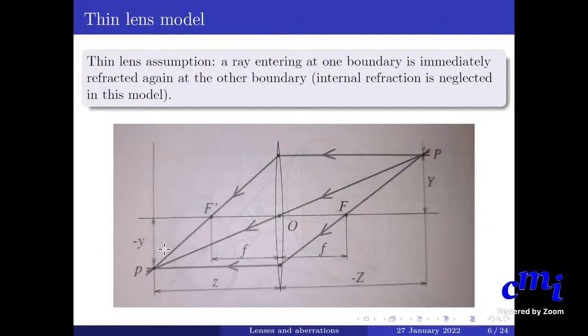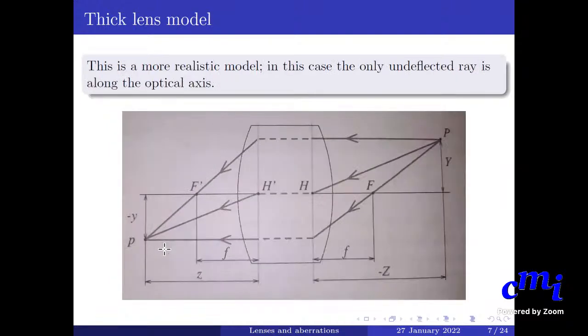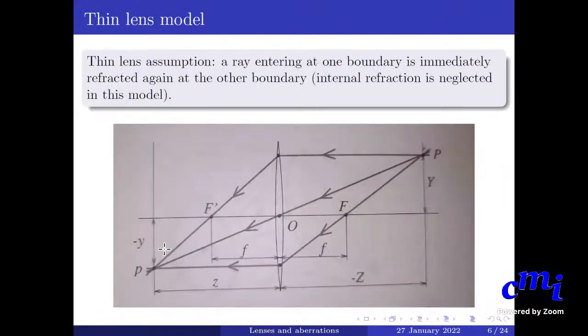But the thin lens model is very inadequate in explaining what happens in real life, because you cannot really create such a thin lens that will act as if there is no lens.